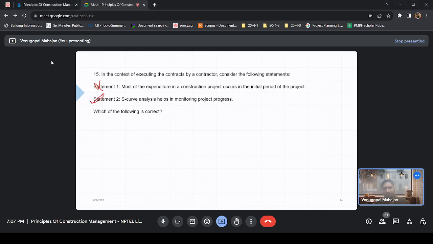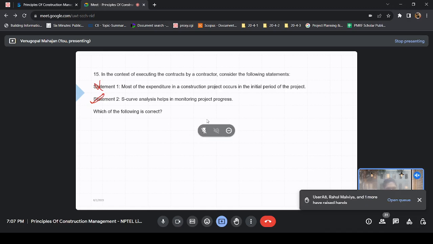Okay. How many of you guys don't know about S-curve? Because there are students here, so yeah. I am getting some raised hands. Okay. So anybody from the experience side who would like to describe what S-curve is?